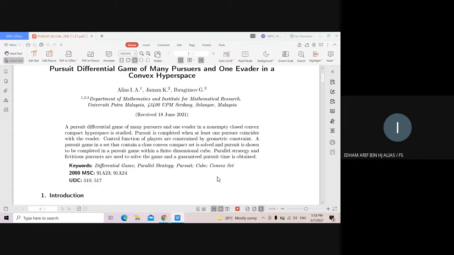Fictitious pursuers are actually non-existent pursuers, but they are created to ensure that the real pursuers always move in parallel with evader at all time. This is because sometimes pursuer cannot move out from certain areas. So that's the purpose of fictitious pursuers, and it was used by Ibragimov and Satimov in 2012.